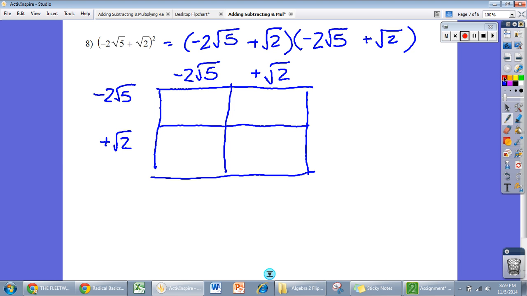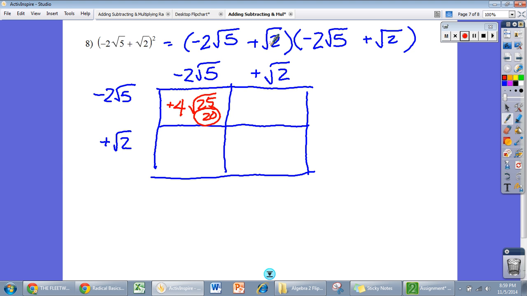And multiply. Negative 2 and a negative 2 make a positive 4. Square root of 5 times the square root of 5 is the square root of 25. Let's go ahead and simplify this. Square root of 25 is 5 times 4 is a positive 20.